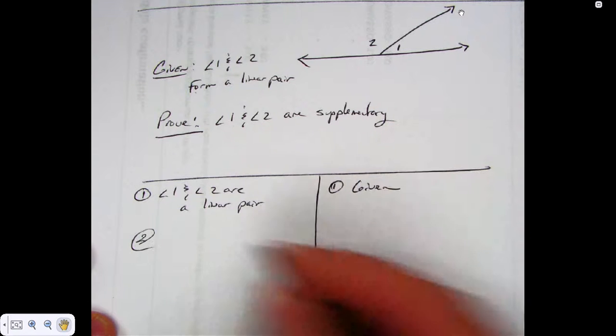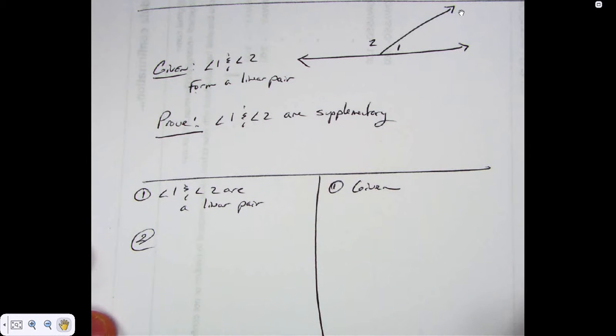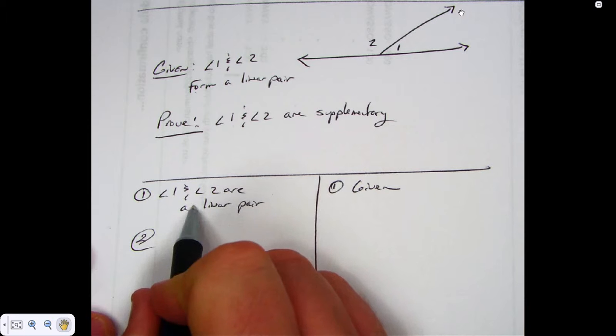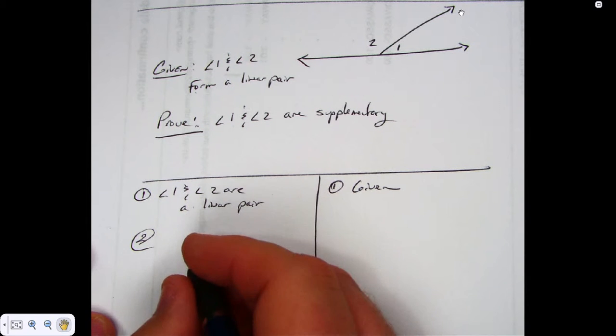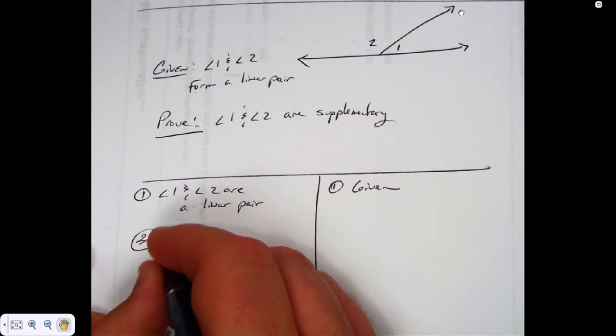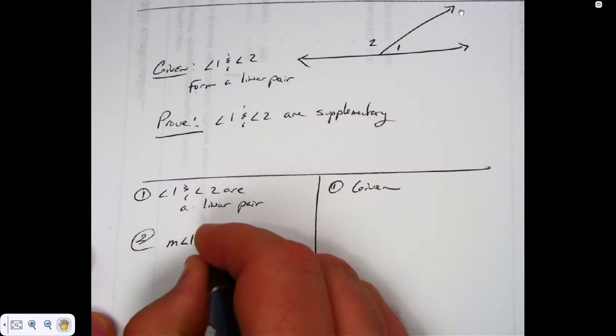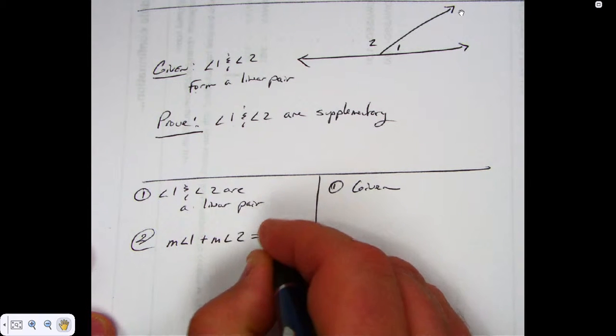What does that tell you, that they're a linear pair? It tells you that they're adjacent and that they add to what? 180. Two adjacent angles that add to 180. So the measure of angle 1 plus the measure of angle 2 is equal to what? 180.